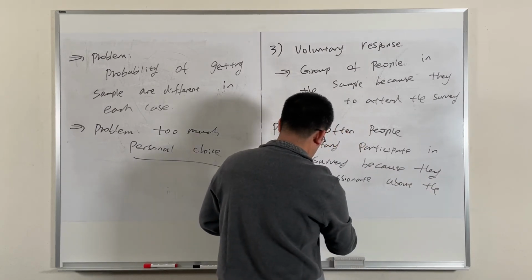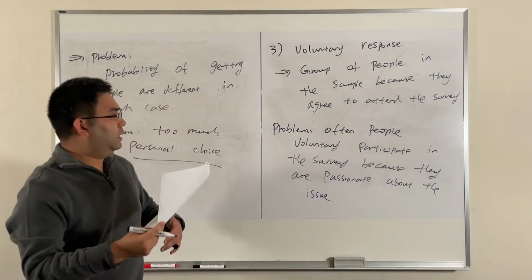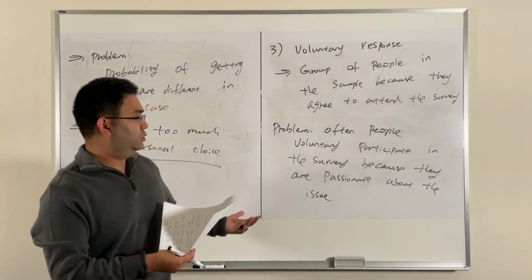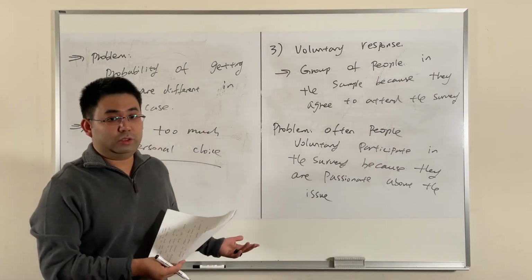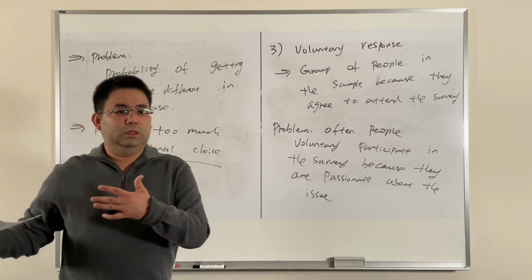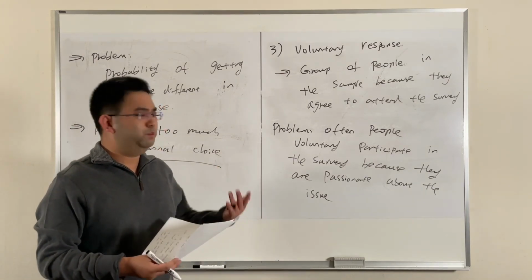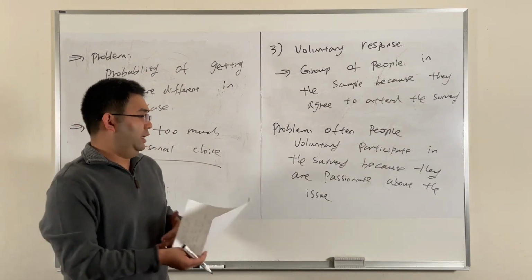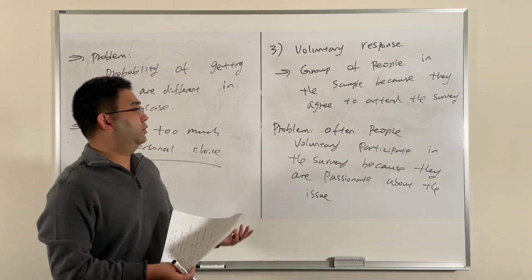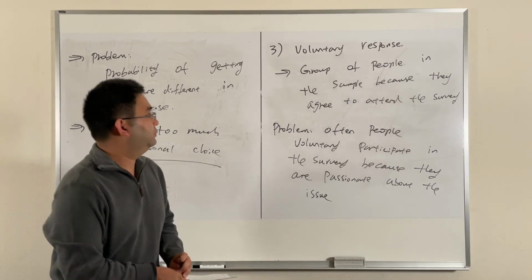They volunteer to answer the survey because they're passionate, and people who are not so passionate about this issue might not answer your survey if you only let them voluntarily give you a response.